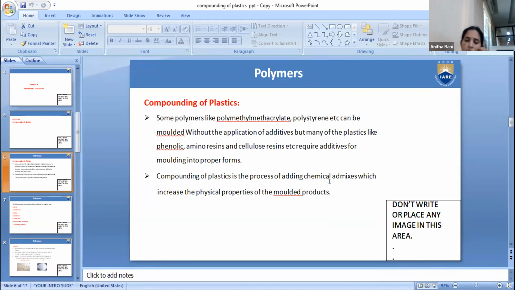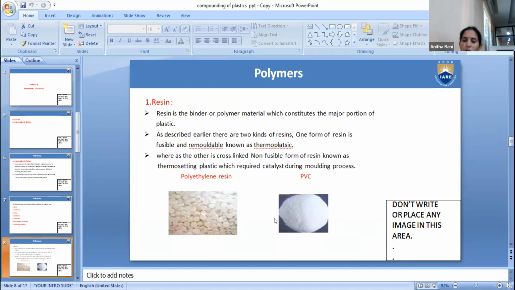Here you are mixing other ingredients into the resin to improve the physical properties of the molded products.